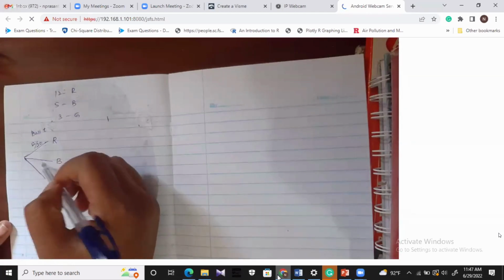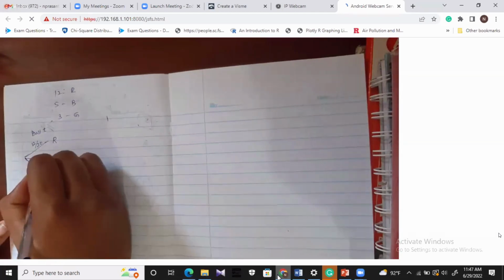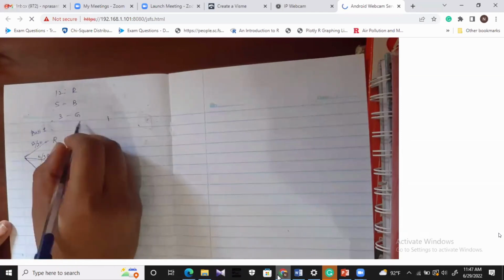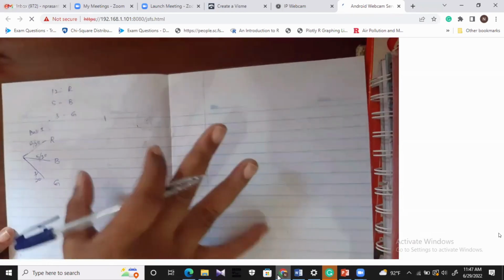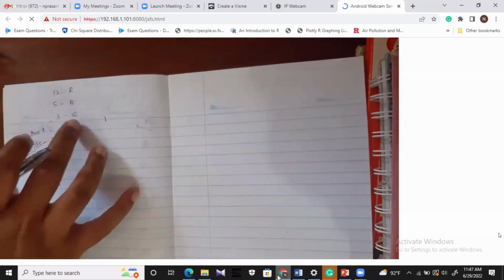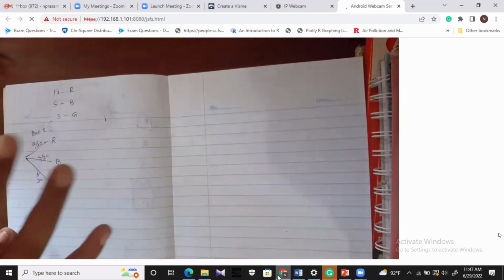Probability of getting blue is 5 upon 20, and probability of getting a green color ball is 3 upon 20. Is that clear, guys? So this is the tree diagram when we select only one ball from that particular bag at random. Is that clear?